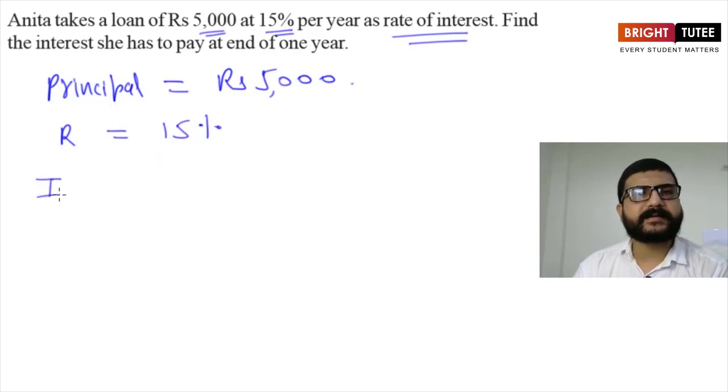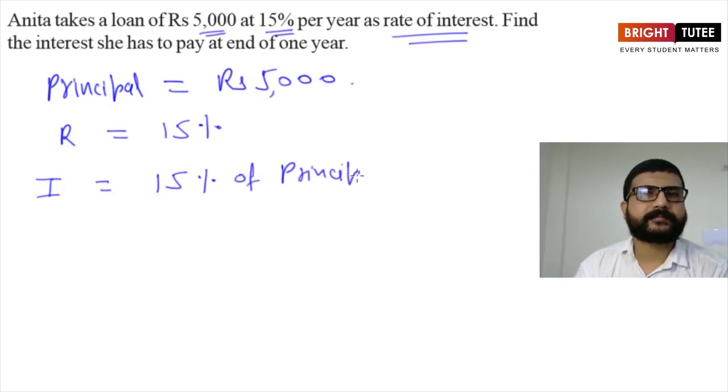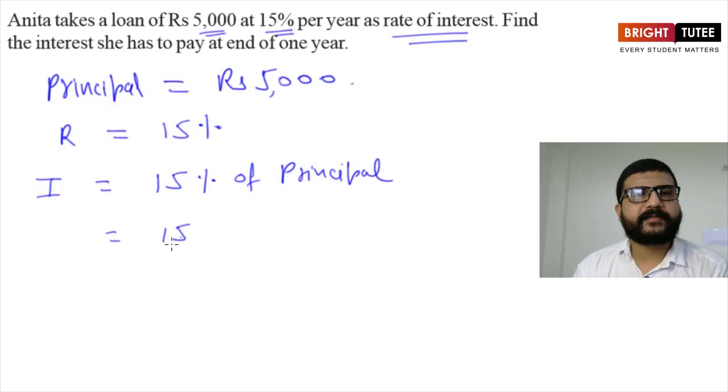Now what will be the interest then? Interest will be 15% of principal amount. Now what was the principal? It is 5,000. So this will be 15 upon 100 of, means multiplication, and principal is 5,000.